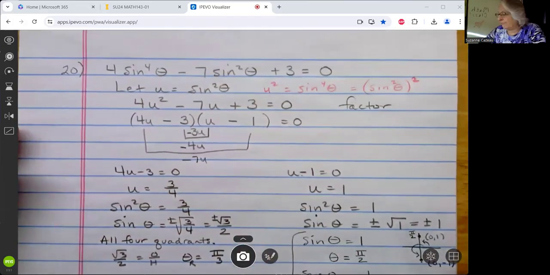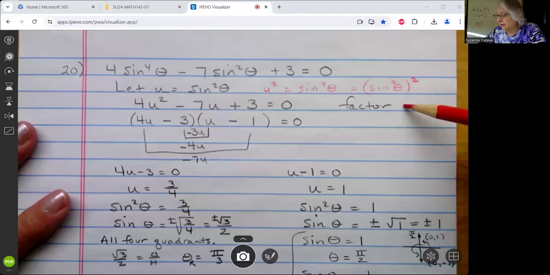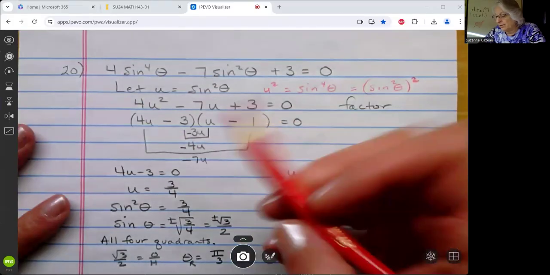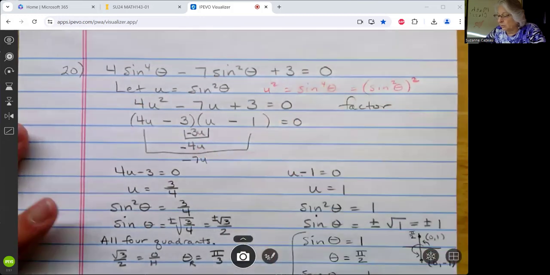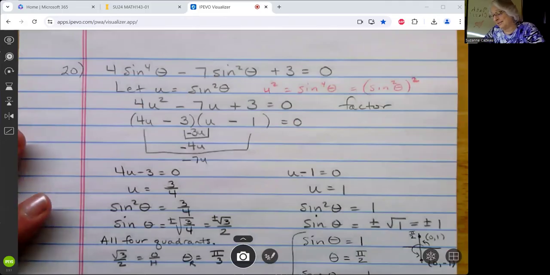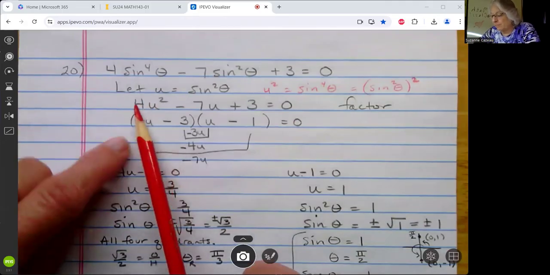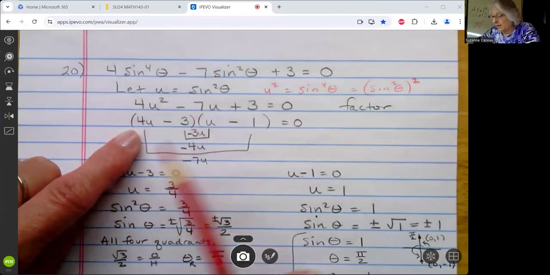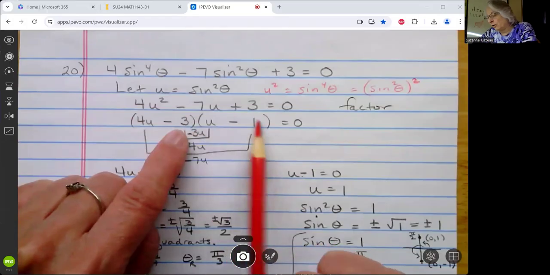And it's just a matter of quick factoring. Maybe you like the AC method. These are the middle terms. If you do 4 times 3 is 12, and then the factors of 12 are 3 and 4. I know that's pretty silly, but there it is. I just went 4u times u is 4u squared, and now it could go 3, 1 or 1, 3.